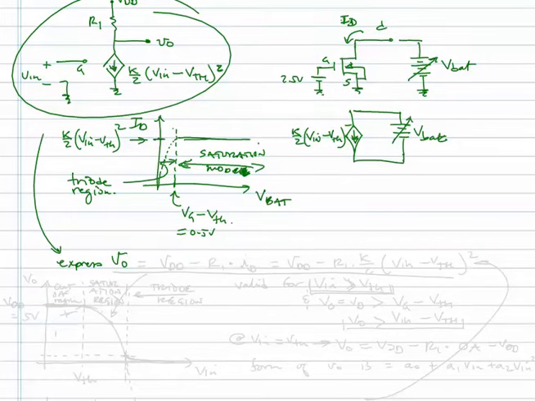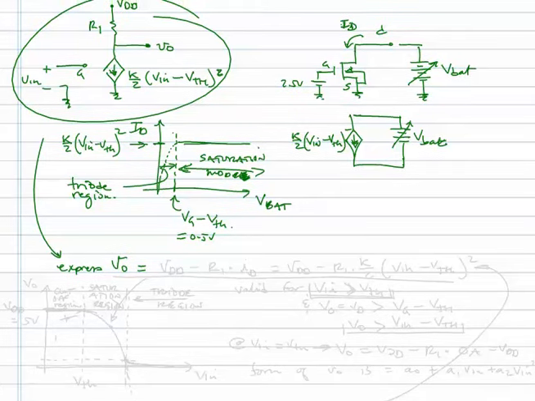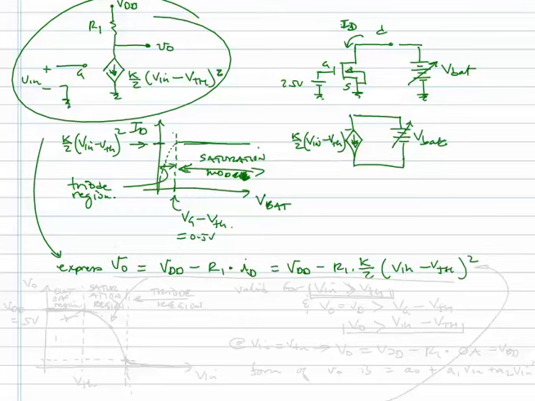I can do KVL, and I can see clearly that the current flowing through R1 is whatever the current sink will program through it, and VO is simply VDD minus the voltage drop across that resistor. So it'll be VDD minus R1 times ID, and ID is equal to K over 2 (Vin minus V threshold) squared.